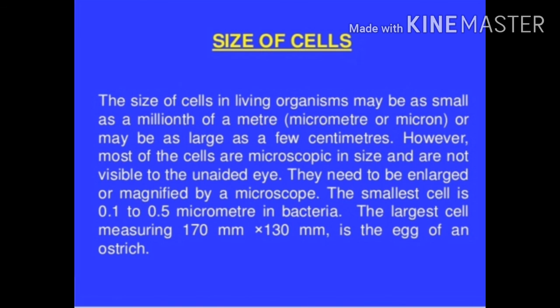They need to be enlarged or magnified by a microscope. The smallest cell is 0.1 to 0.5 micrometer, in bacteria, and the largest cell, measuring 170 millimeter by 130 millimeter, is the egg of an ostrich.